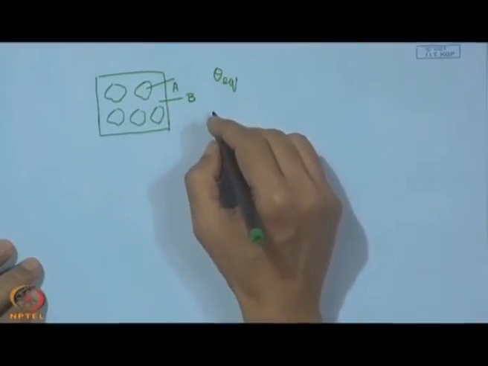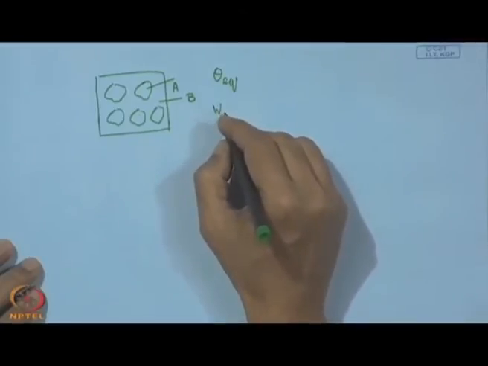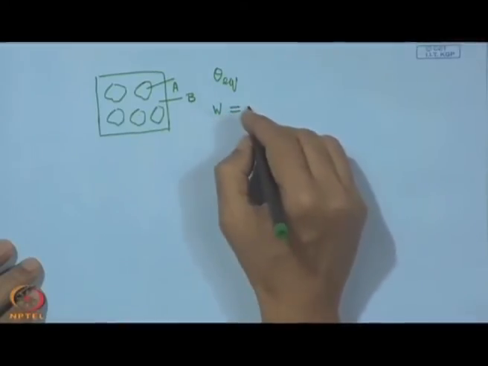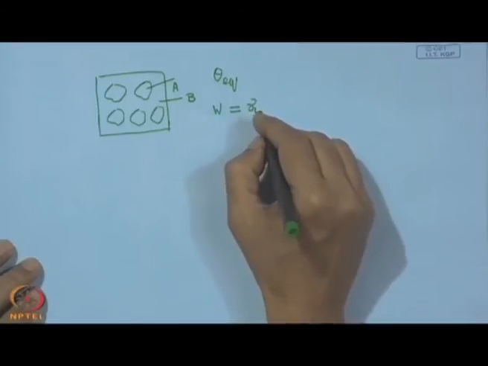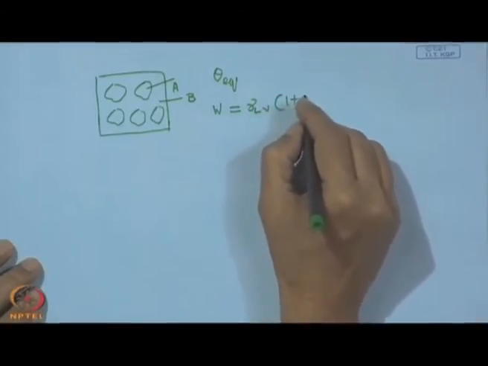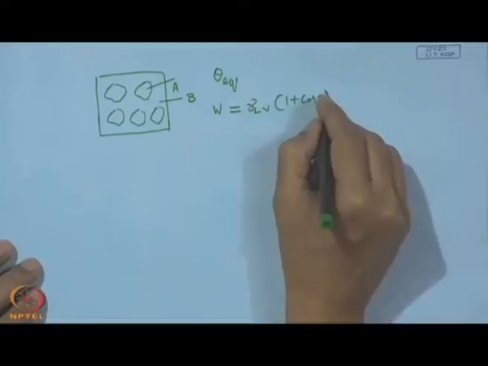So, the basic equation is, we write W as the work of adhesion into 1 plus cos theta.